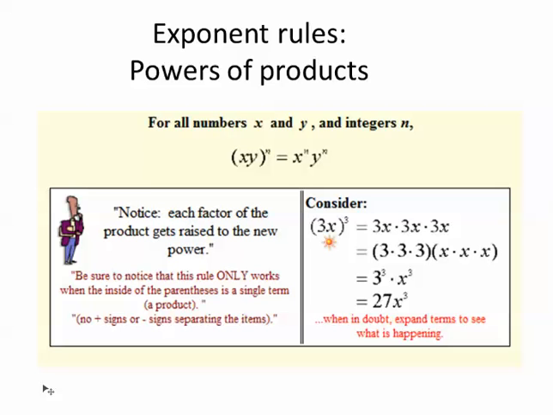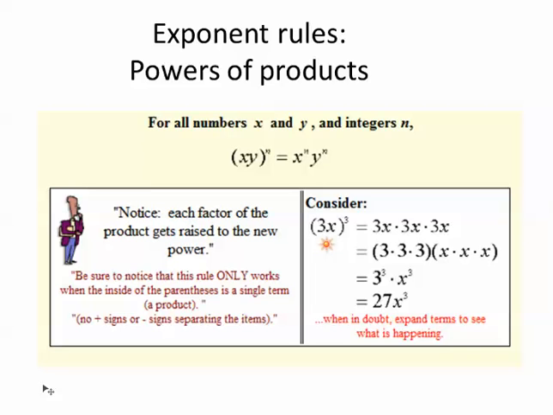Look here. 3x to the third power. Kind of like we did when there was a negative sign inside my parentheses. This 3x to the third power, 3x times 3x times 3x, there's 3 3's in there because they're all in the parentheses, and there's 3 x's.